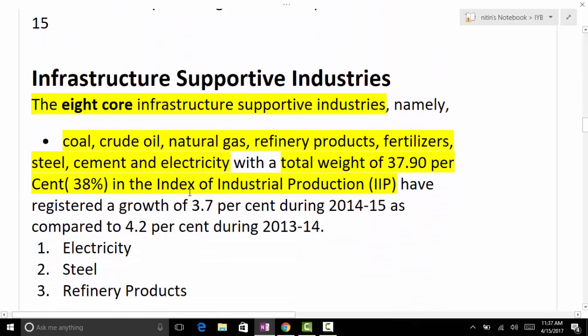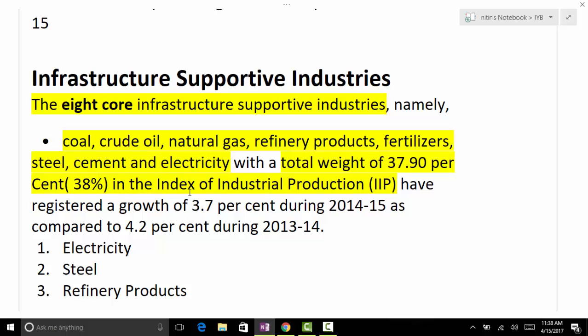Now come to the infrastructure supportive industries. So there are 8 core industries. One of the points is that the main significance of these 8 core industries is support to the infrastructure. Then what are these 8 core industries?